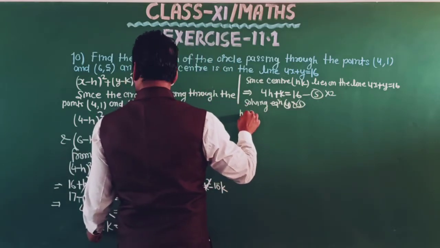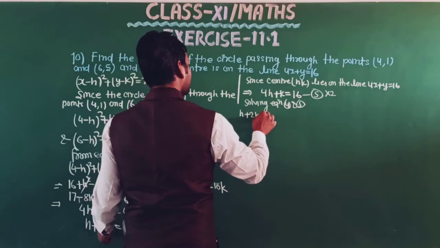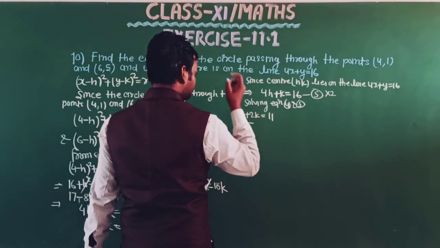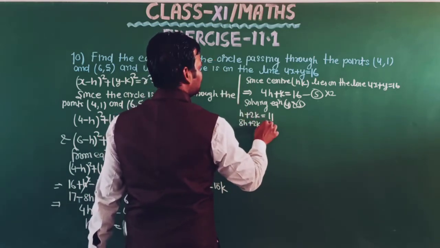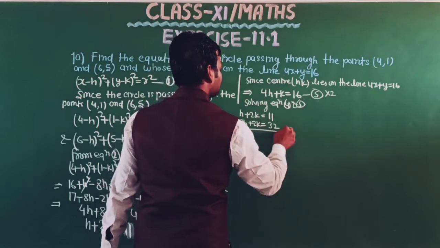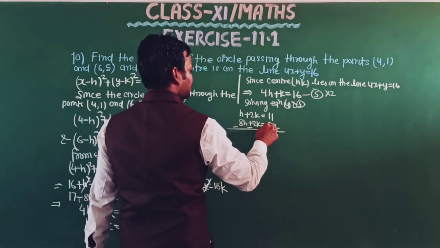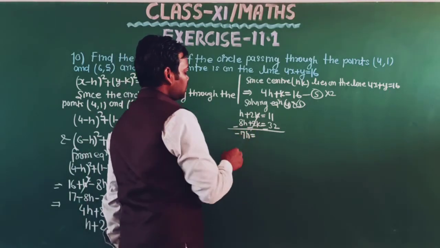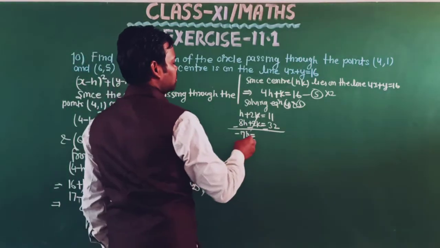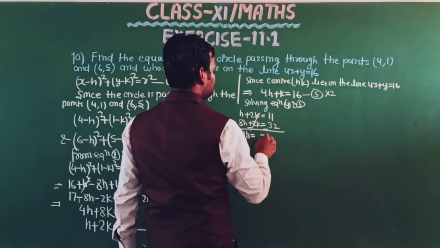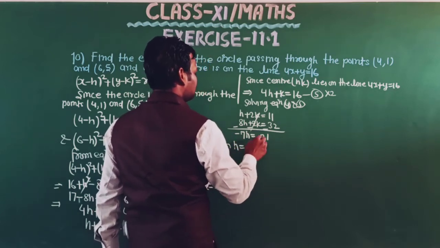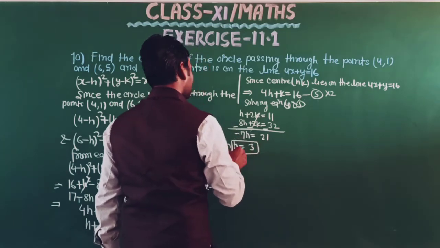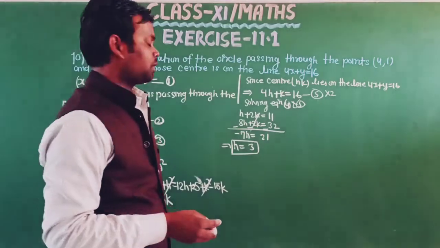So this is h plus 2k equal to 11, and this is 8h plus 2k equal to 32. Subtracting, 2k cancels out. This is minus 7h equal to minus 21. So this implies h equal to 3.